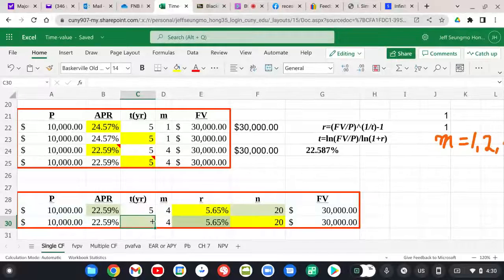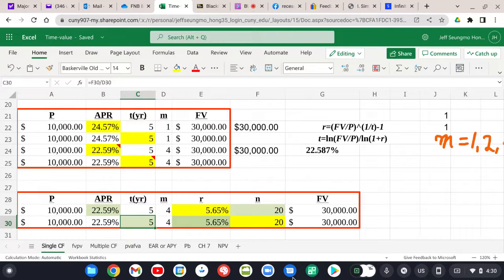Then we convert it into years by dividing that 20 quarters by 4, and that gives us 5 years. Everyone got the same result? Come on, answer me. Did you get the same result? Okay, good.